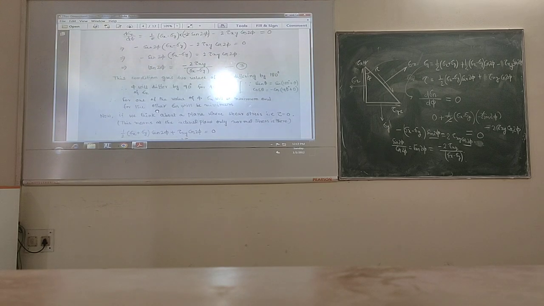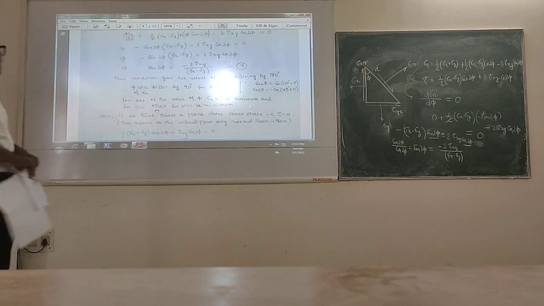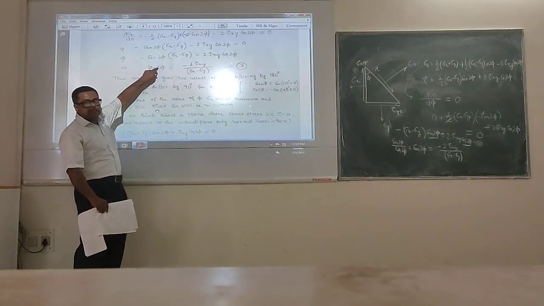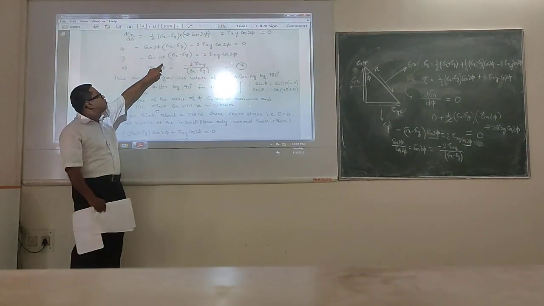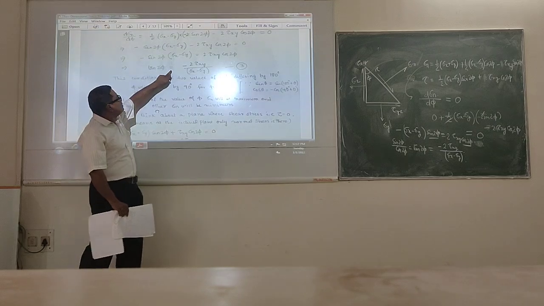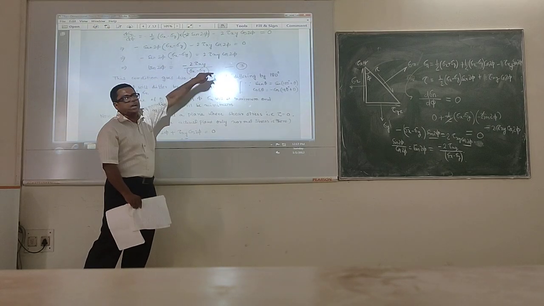So if I have an expression of tan theta equal to minus something, which I am getting over here, and if I consider this 2φ as theta, then tan theta is equal to minus 2 tau xy by sigma x minus sigma y.